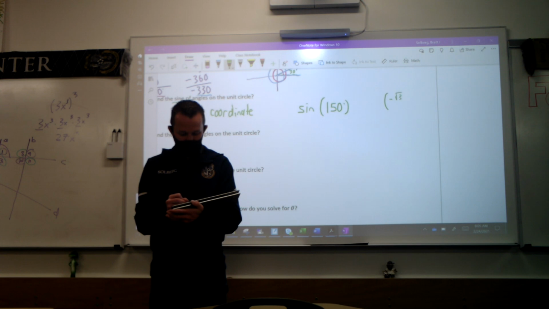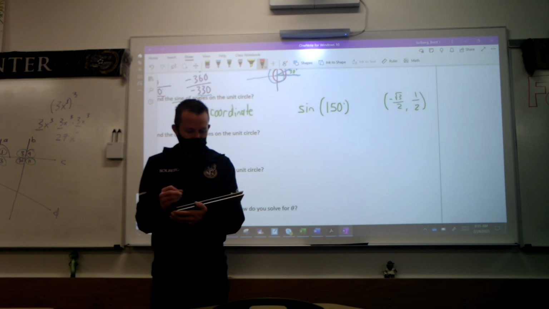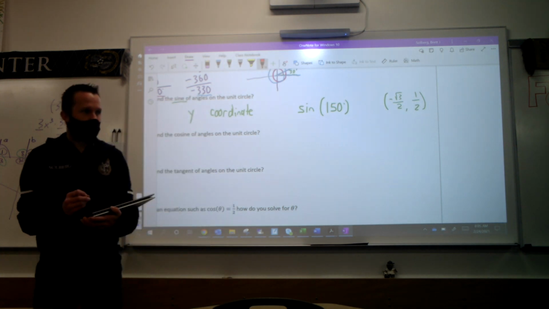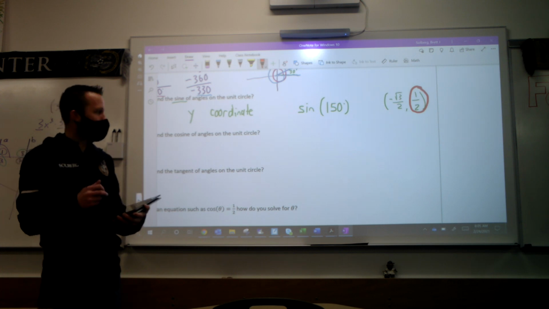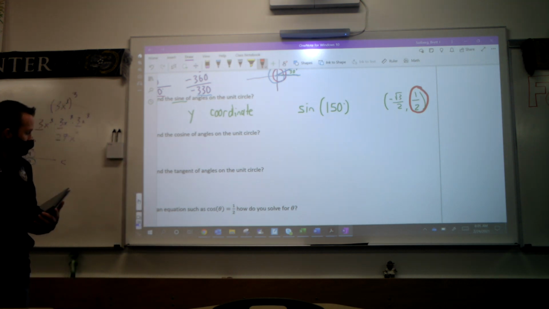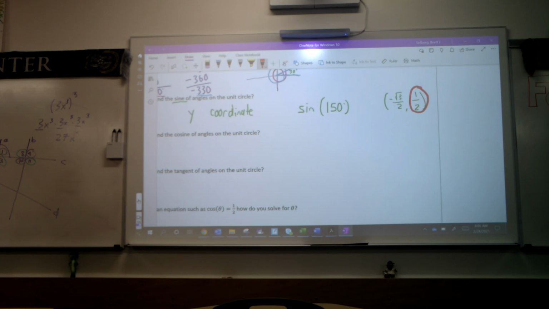Is it negative square root of 3 over 2? And what's the y coordinate? So then, if we're doing sine, which one of those do we want? The y, which is right there. That's how you can do it. And you can check your work on your calculator. Just make sure you're in degrees, okay? So that's how you do sine.